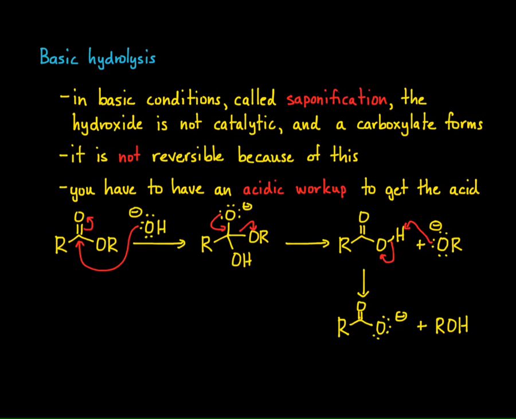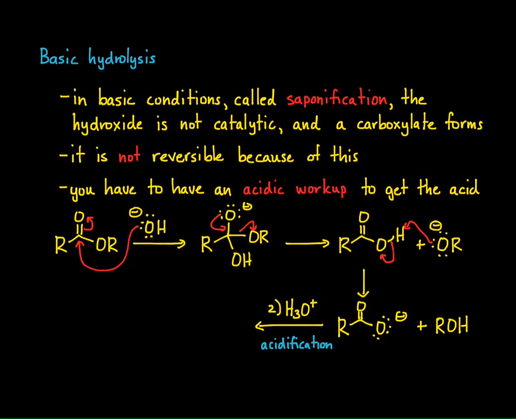So now that carboxylate simply sits there, and you see that one equivalent of hydroxide has been consumed, and it's not catalytic. In order to generate our acid, we have to add an acid to that.